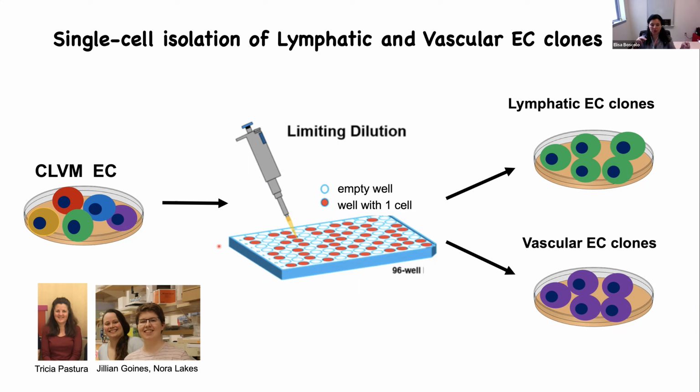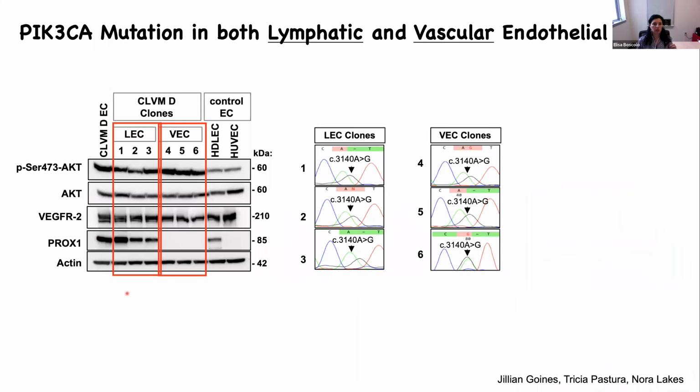The plan is that you will seed one cell every 5 wells. And then we specifically expand the populations that can expand. And so as you can see in this Western blot, we were able to get several clones. You can see 1, 2, 3, 1, 2, 3.